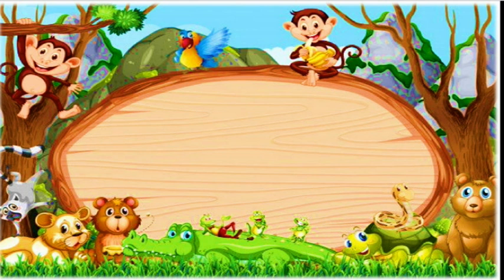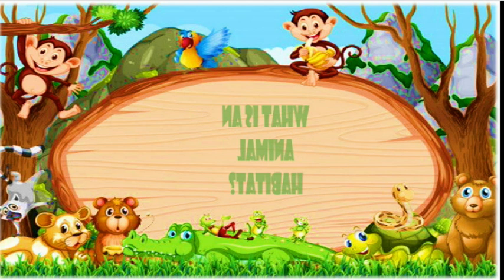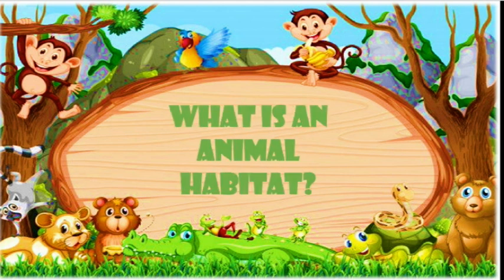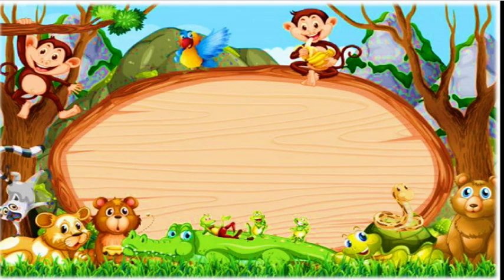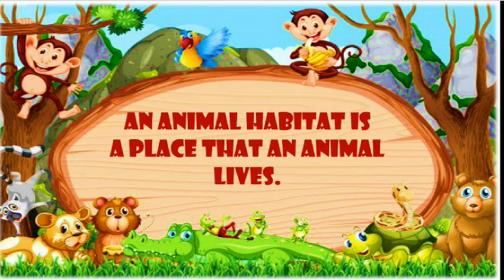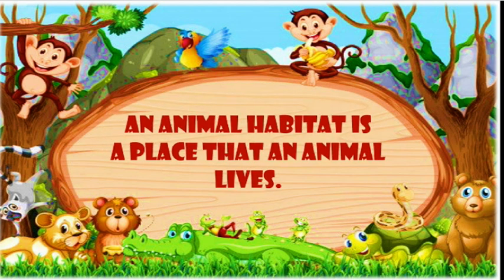Class, can you tell me what is an animal habitat? Or do you know the meaning of animal habitat? Yes. An animal habitat is a place where an animal lives, right?